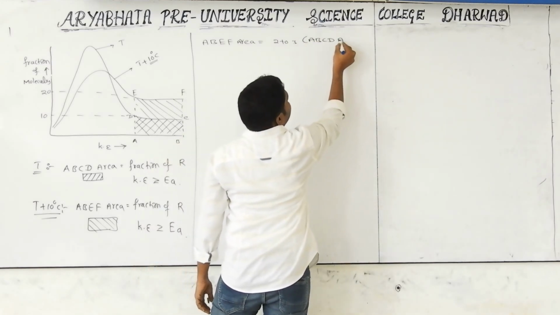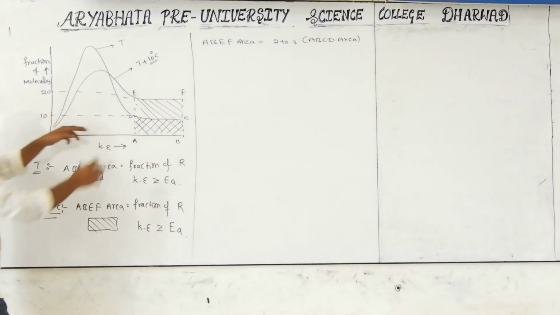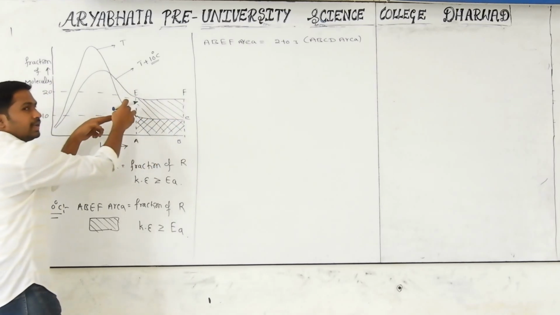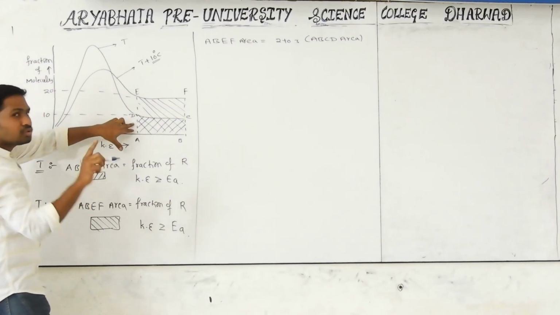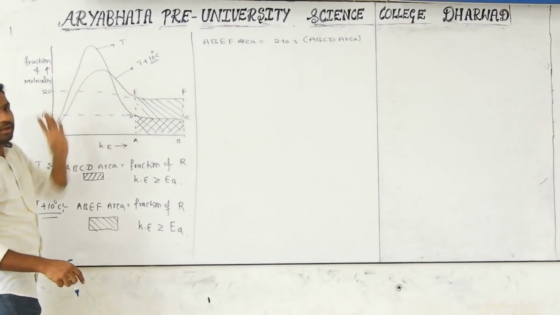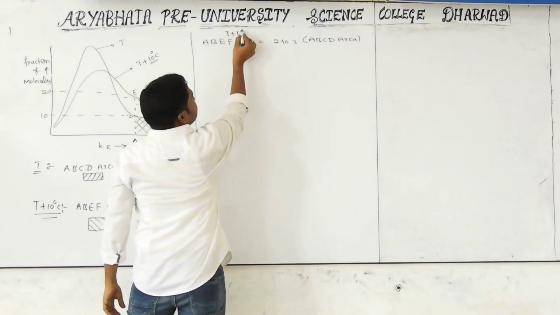Are you agreeing with this? Yes, why? Because ABCD area is only this much, but ABEF area means the total area, which is almost double, more than double the ABCD area. This is the information at T plus 10 degrees.